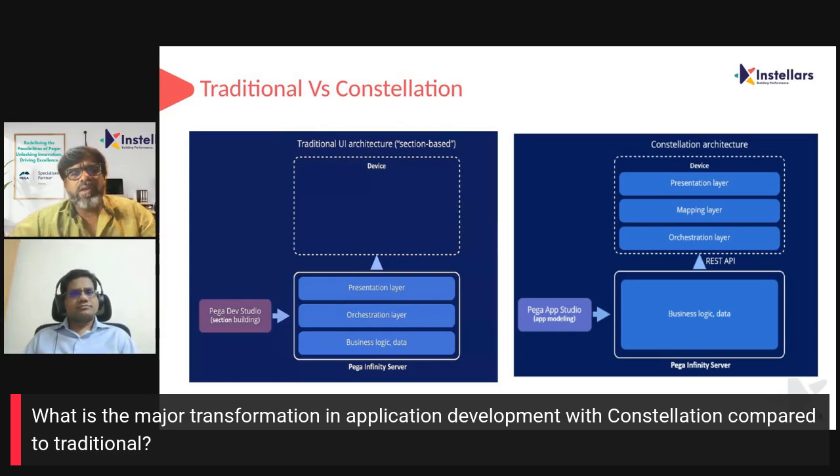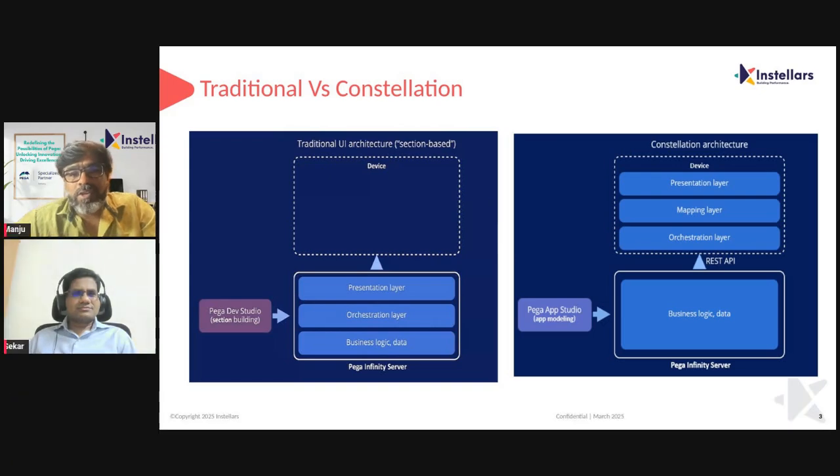I could really see that from this diagram. Traditionally we used to build the UI using section-based rules, and now Constellation has a presentation layer, mapping layer, and orchestration layer within, so that the model-driven UI is dynamically generated based on the case data or case properties we might have.